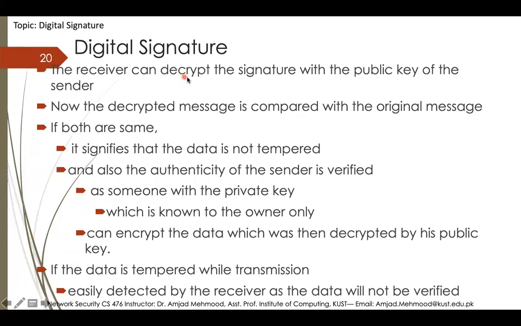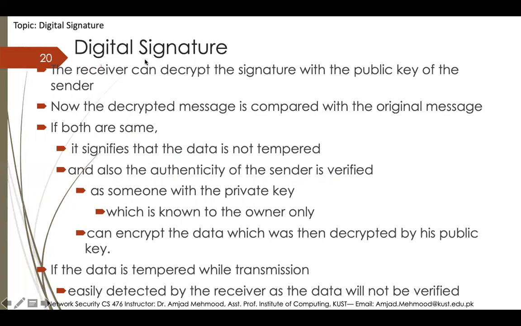The receiver can decrypt the signature with the public key of the sender, and the decrypted message is compared with the original message. If both are the same, it signifies that the data is not tampered with, meaning integrity is maintained, and the authenticity of the sender is also verified.